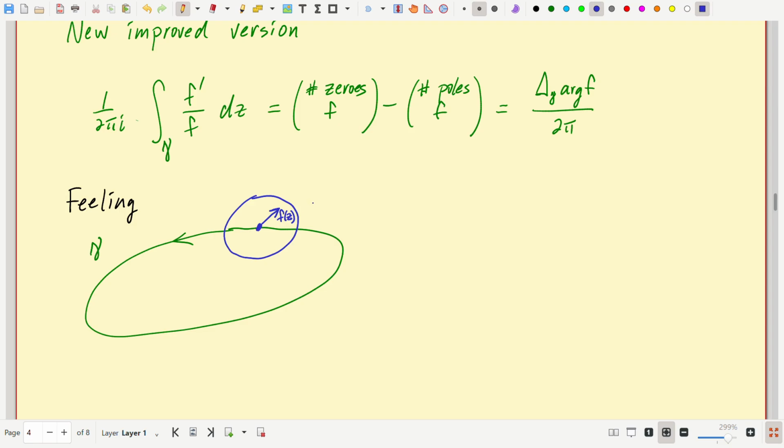So the f of z dial is like a dial. It's just the vector. I stick the complex number at the center of my watch, centered, zeroed at the point in the curve.